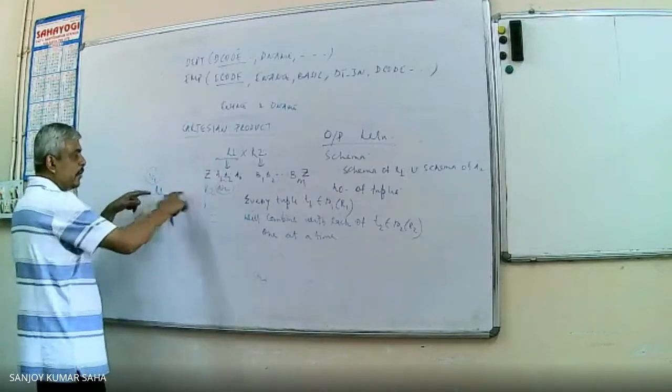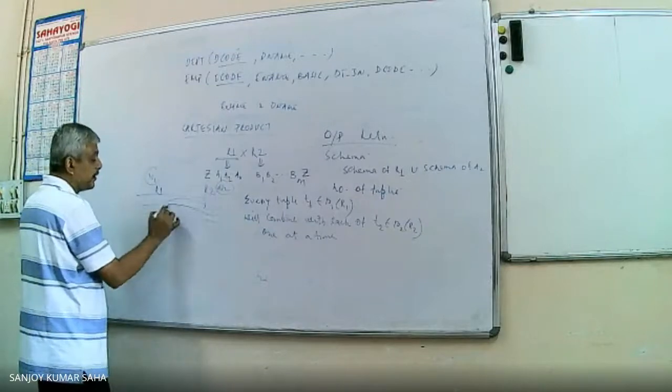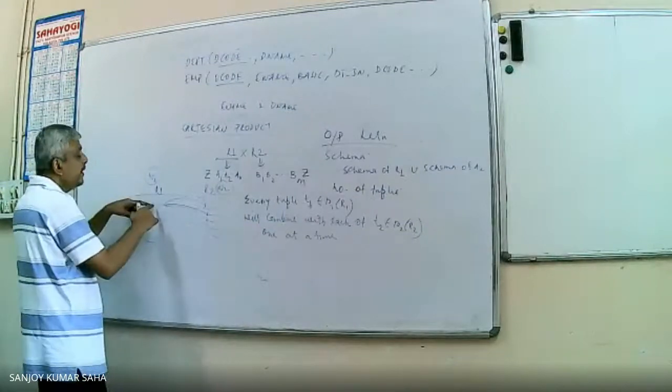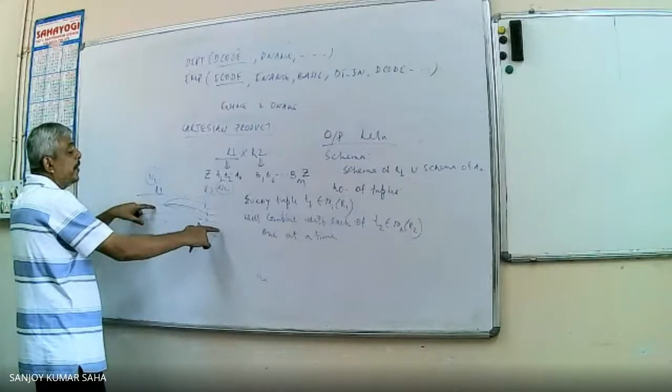See, in the output schema, all the attributes are there. It will again combine with this one, this one, this one, etc. So each tuple here will do so, and this one will also.